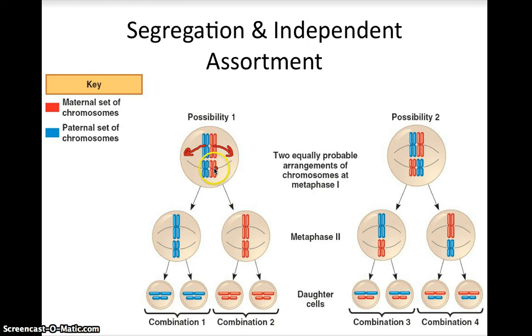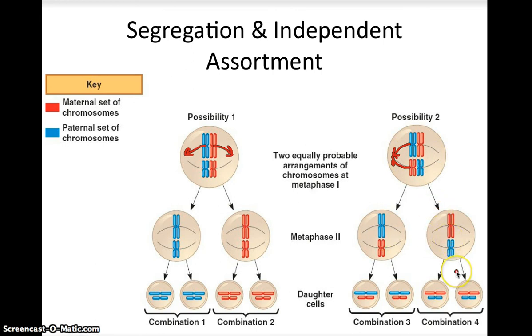So you might have both maternal and paternal chromosomes going into the same cell, or you might have had them arranged a little bit differently during meiosis 1 so that they sort themselves independently. So you have one maternal and one paternal go into that cell, and then likewise over here for this cell.